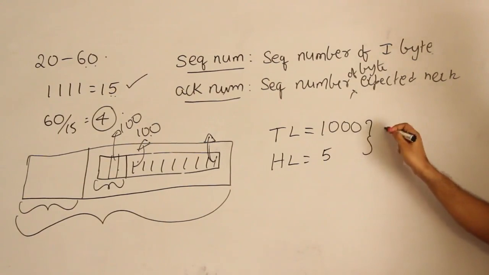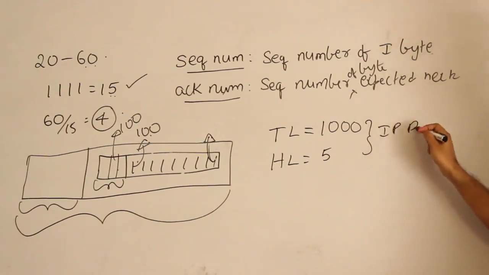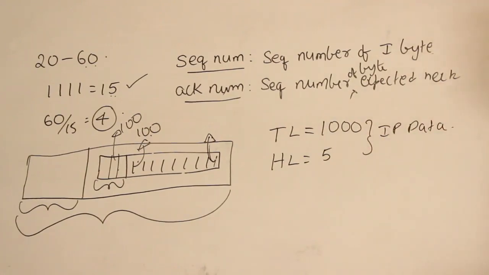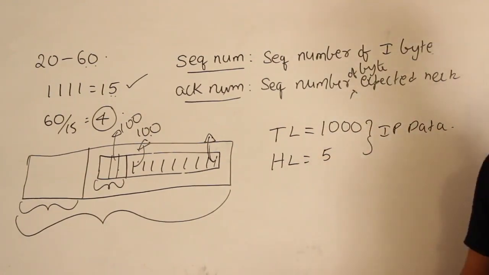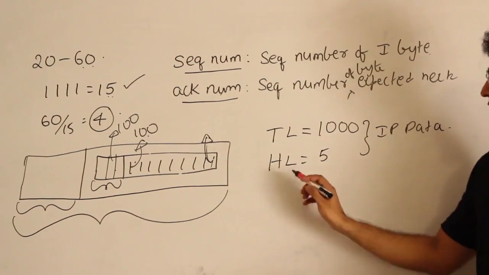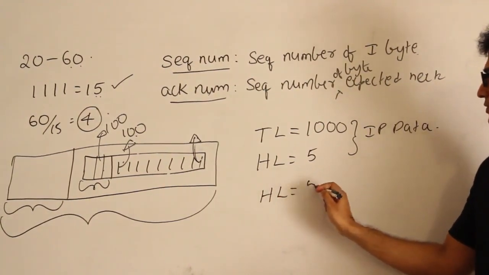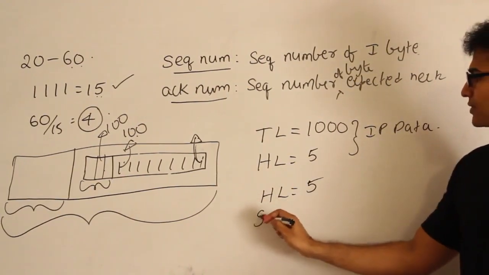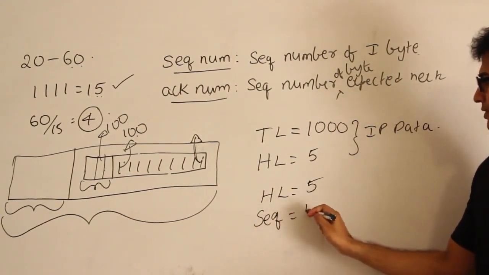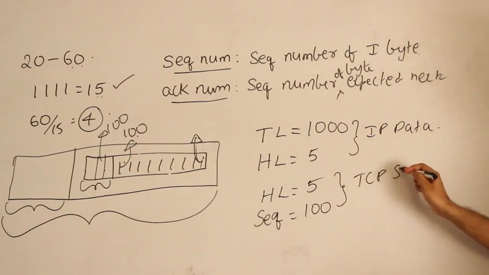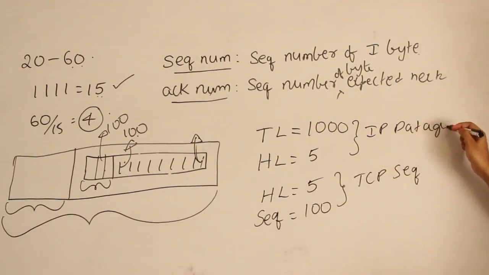The question is like this: inside the IP datagram there is a TCP segment, and the header length of the TCP segment is 5 and the sequence number of the TCP segment is 100. This TCP segment is present in this IP datagram.